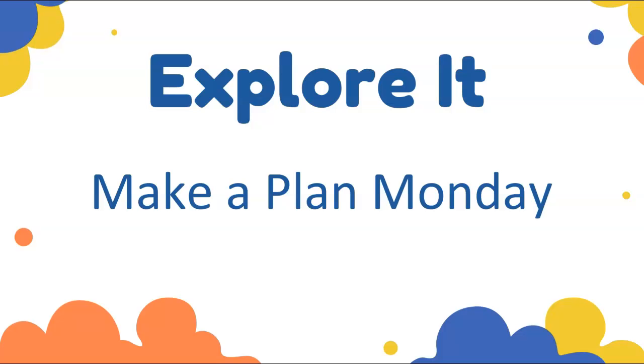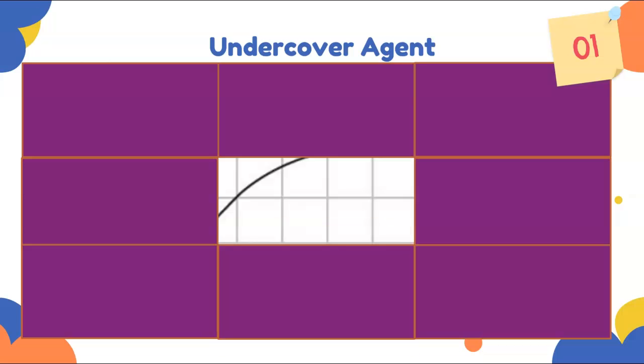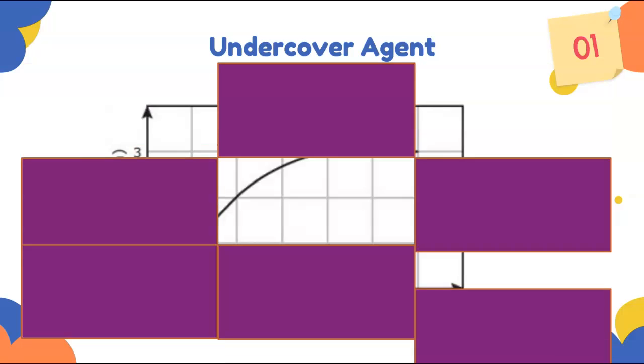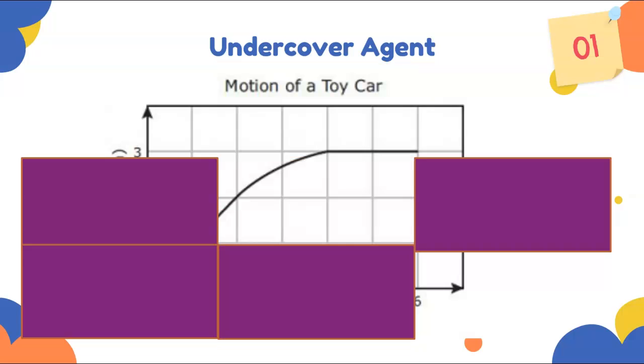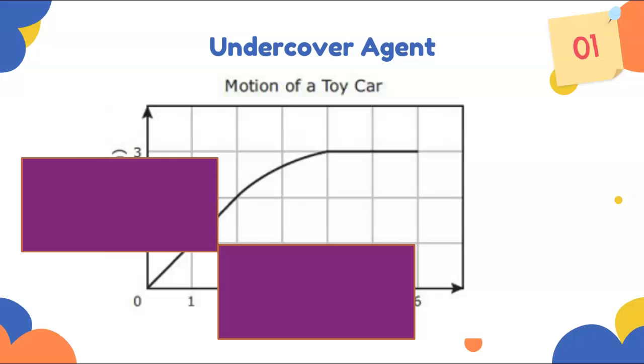Let's start with Explore It, Make a Plan Monday. Using Undercover Agent, we will reveal one piece of the stimulus at a time, asking the questions, what does it look like? As we start to reveal what the stimulus is, students will start to determine what it is showing, what information it is giving us.